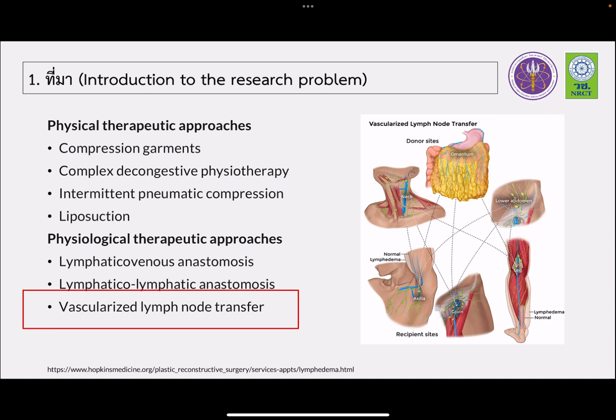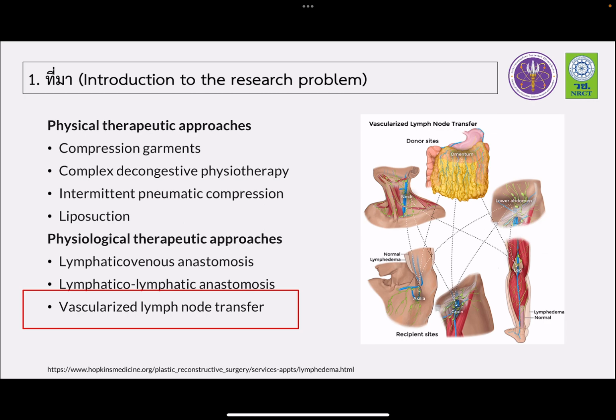And physiological therapeutic approaches include the anastomosis of lymphatic vessels or lymphatic and venous vascular structures, and also vascularized lymph node transfer, which is a transfer of the lymph node from the omentum to the site of lymphedema or the site of swelling to release the fluid retention.